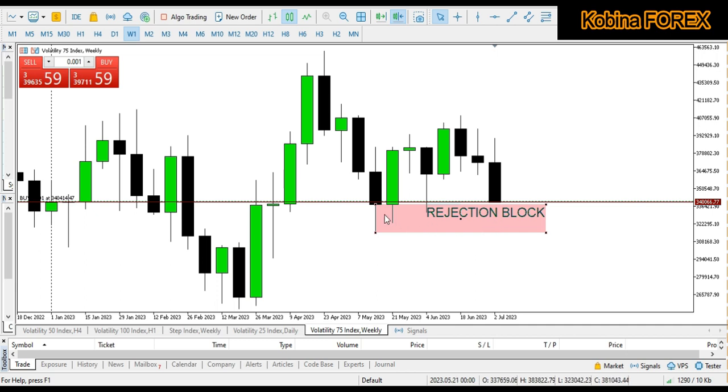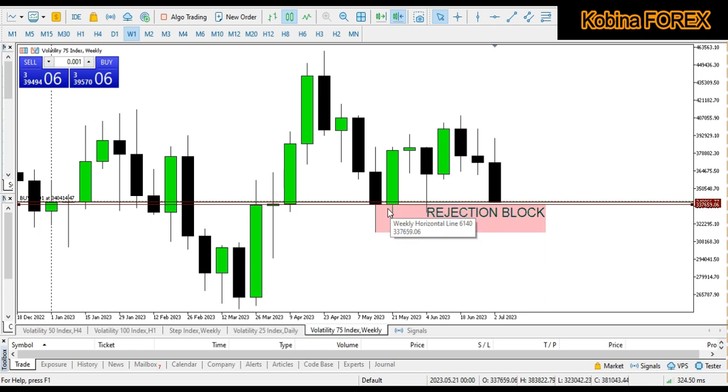So we still have this rejection block valid. Now let's put a line just on the body of the candle. I'm expecting that should price come and touch the body of this weekly candle, we execute a trade. We buy.